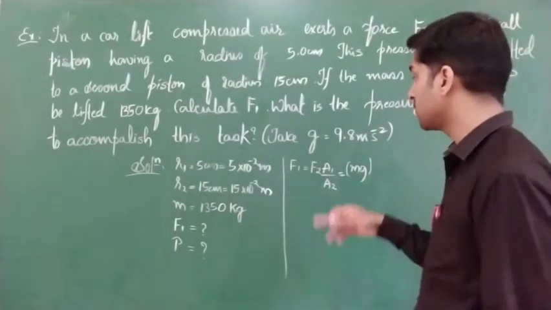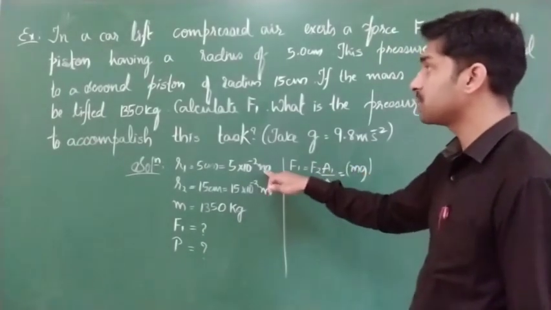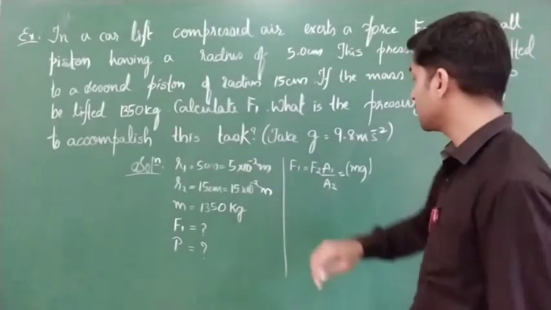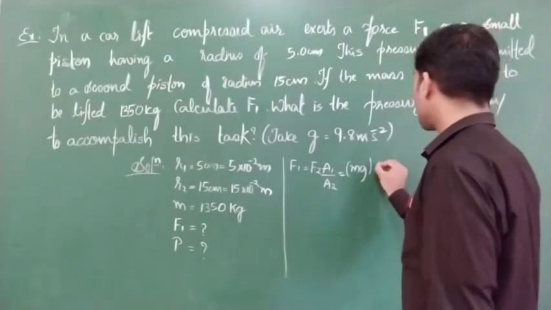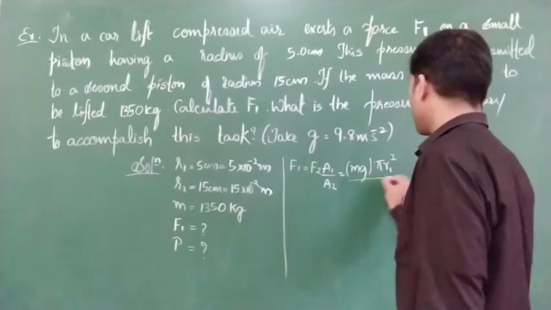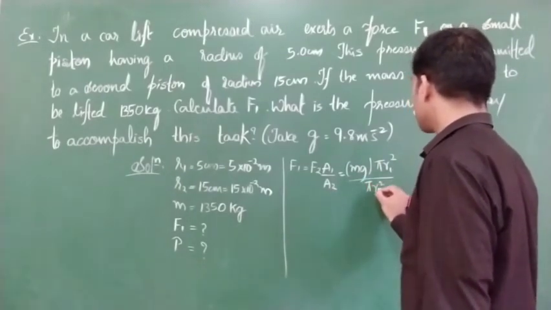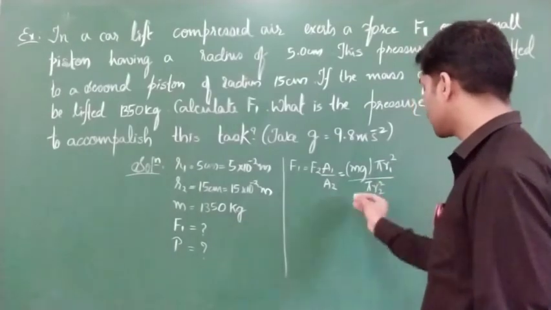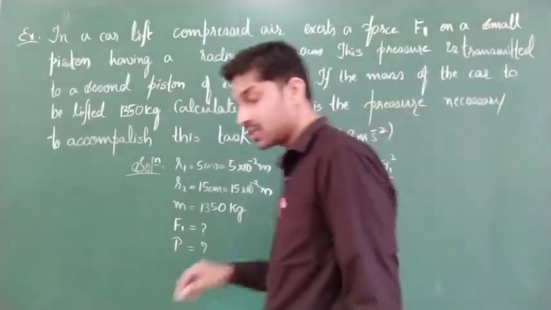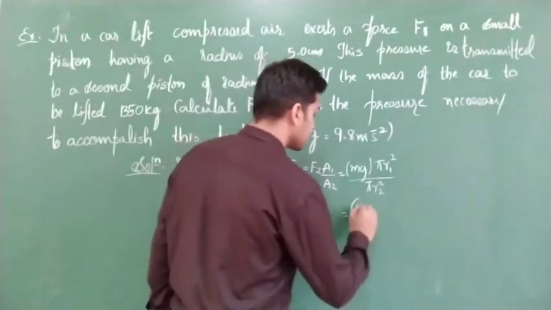Clear? A1 means what? Area for smaller cross section piston. Clear? That is nothing but pi r1 square, correct? Pi r1 square whole divided by A2 means pi r2 square. Clear? Now just directly substitute the values and check how much you are going to get. M value is nothing but 1350.